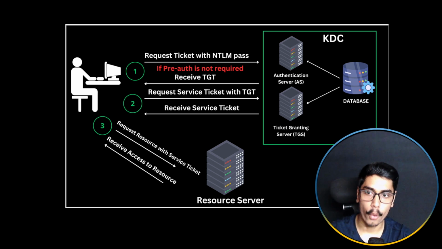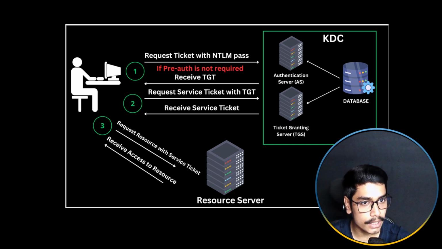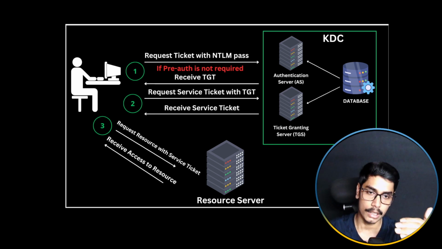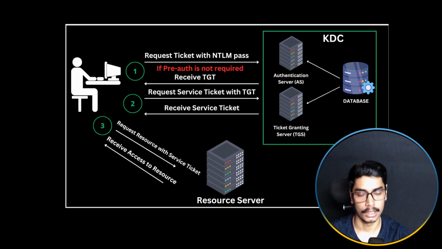In the first step, the client requests a ticket from the KDC with his name, and the KDC checks his name in its database. After that, the KDC also checks whether this user account requires pre-authentication or not. If pre-authentication is not required, then the steps are the same as before. But if Kerberos pre-authentication is required, then the KDC sends an error message to the client saying your pre-auth is needed.